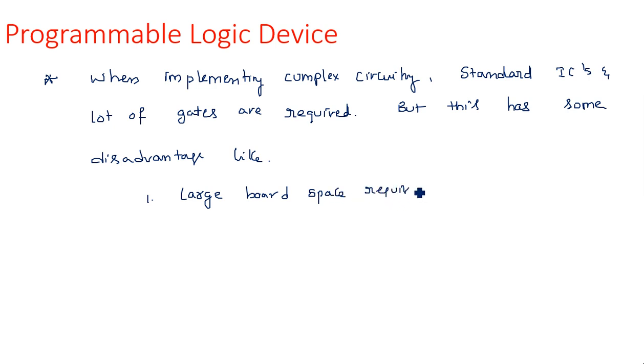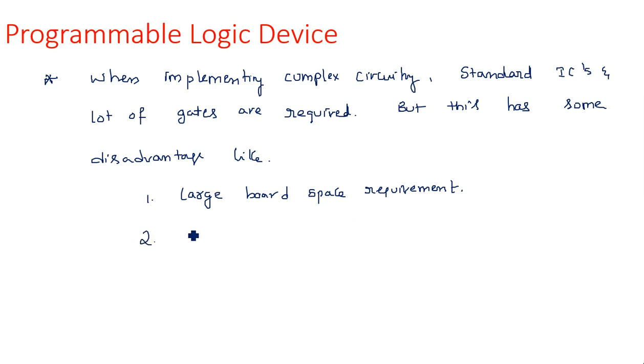Large board space requirement, because whenever we are implementing any integrated circuit or any logic circuit, area is very important. We cannot go beyond our limit. Okay, this is the main criterion why our phones or any type of electronic gadget can be carried easily. That means the portability is because of this particular point.